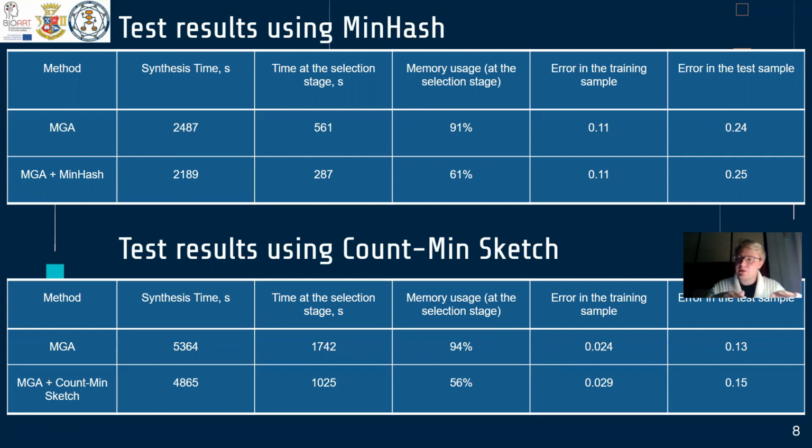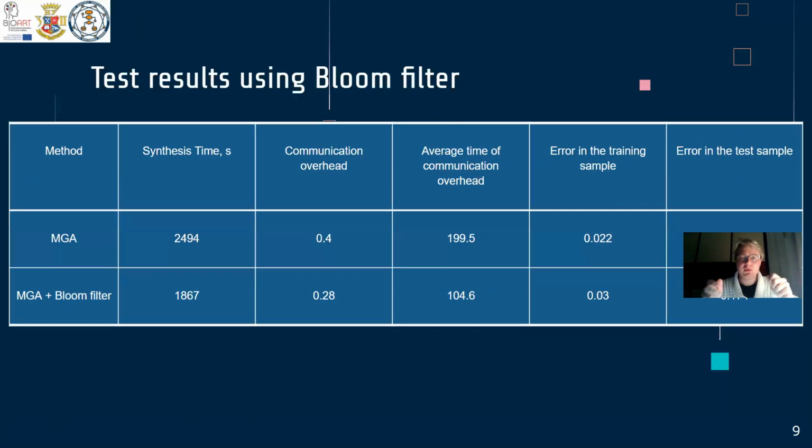If we talk about the balance between the synthesis time, the accuracy of the final neural net, and the memory usage during the synthesis, the Bloom filter demonstrates a better result, because in this case we have a not so bad error.